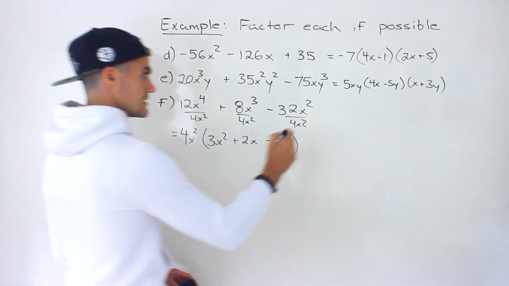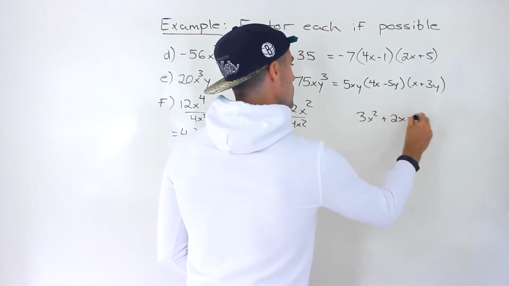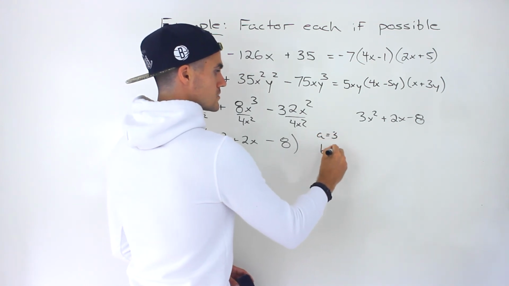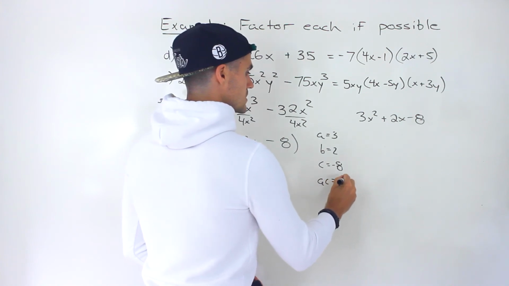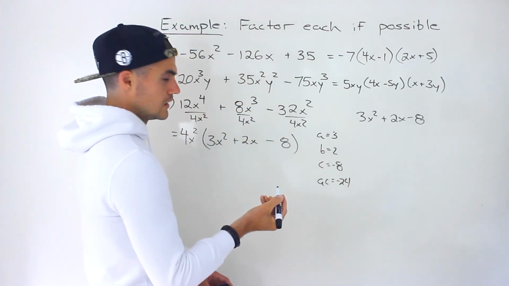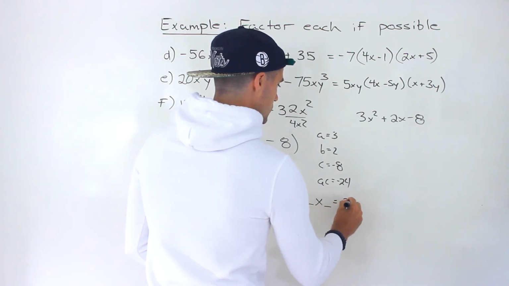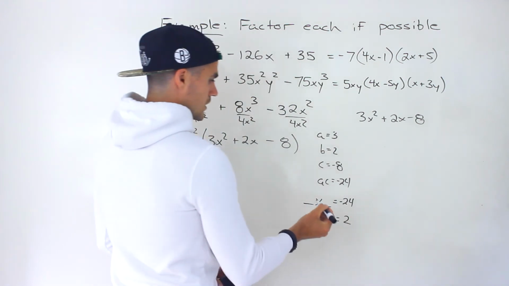And then let's see, does this quadratic factor further? So the a value is 3, the b value is 2, the c value is -8, and then the ac value is -24. So are there two numbers that multiply to -24 and add up to that b value of 2?